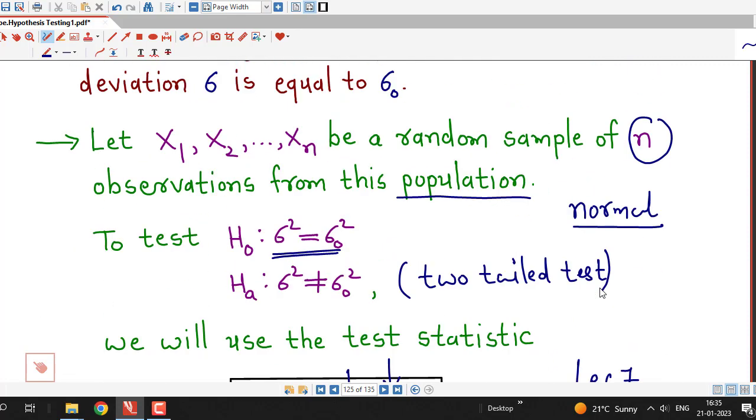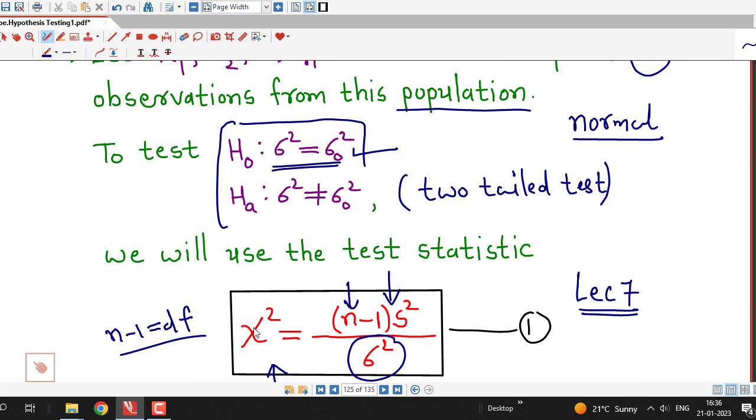So remember that we have the null hypothesis sigma square equal to sigma 0 square, and the alternative hypothesis sigma square is different from sigma 0 square, and to test this hypothesis we are applying the test statistic chi square equal to n minus 1 times s square over sigma square.